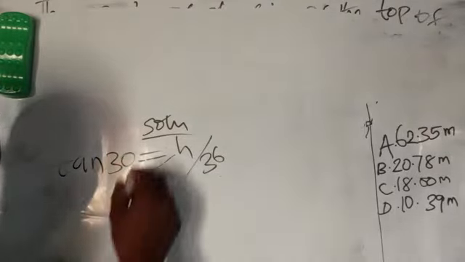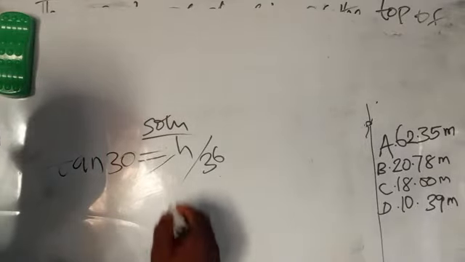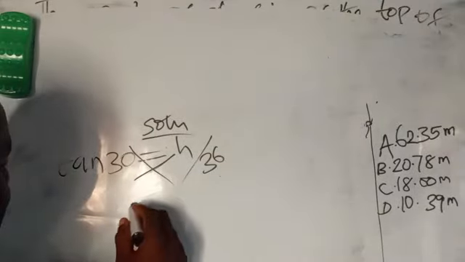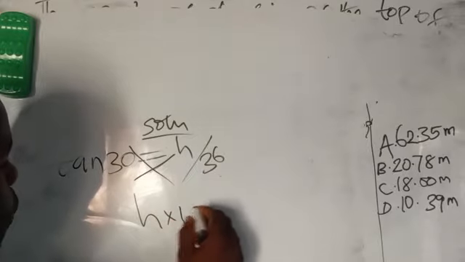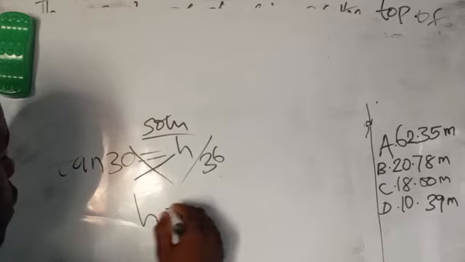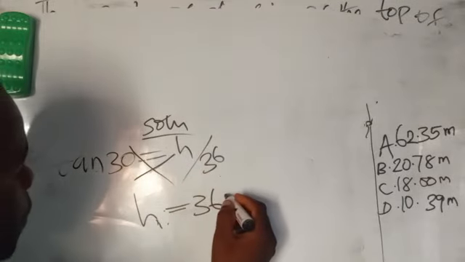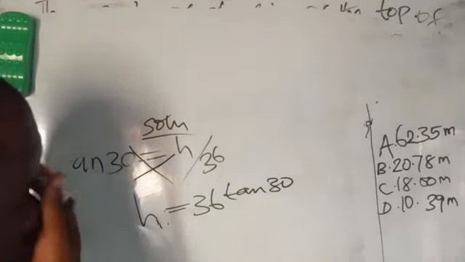We cross multiply, so that we'll have that h times 1, just h, is equal to 36 times tan 30, which is 36 tan 30 degrees.